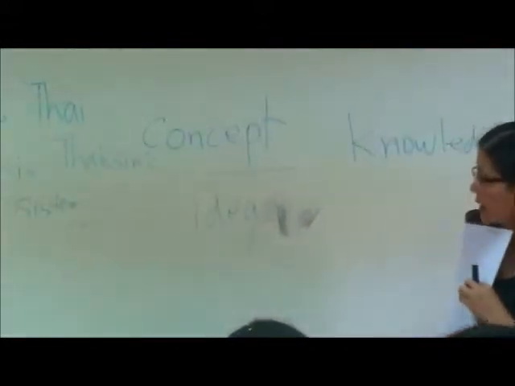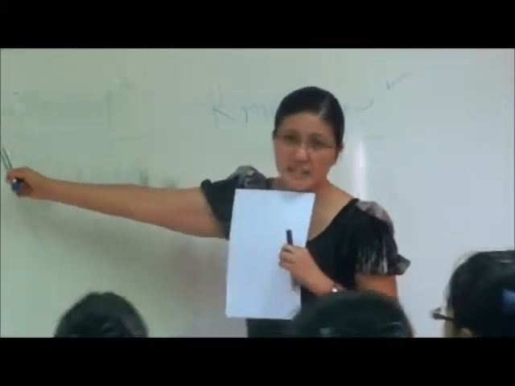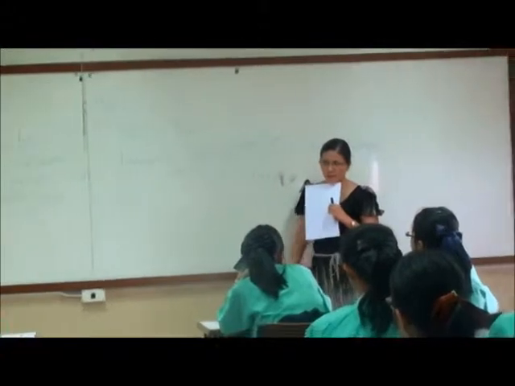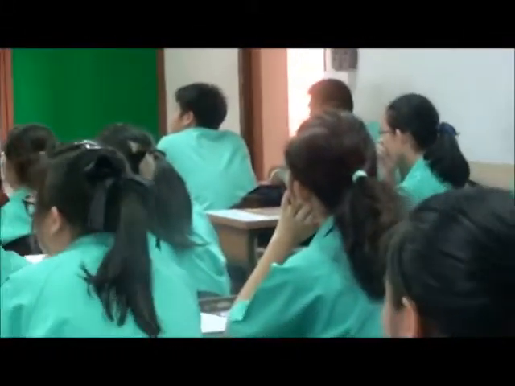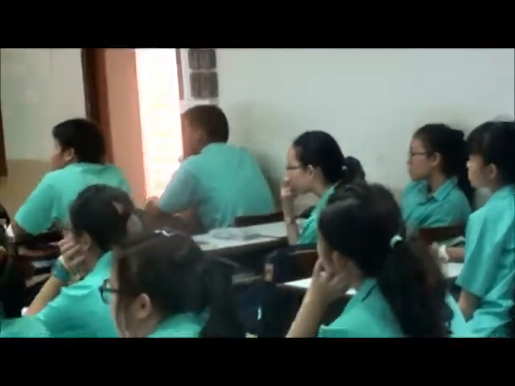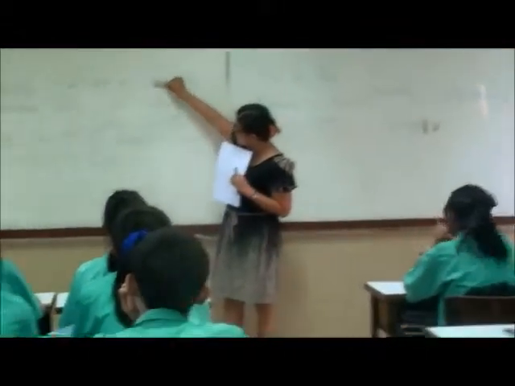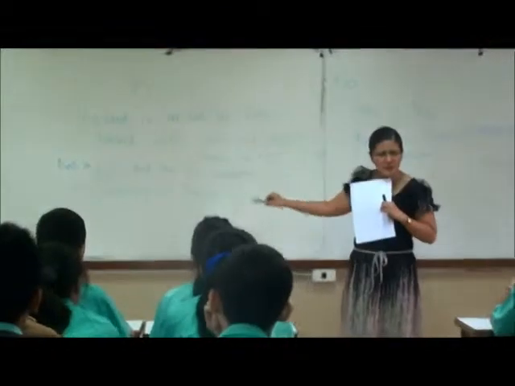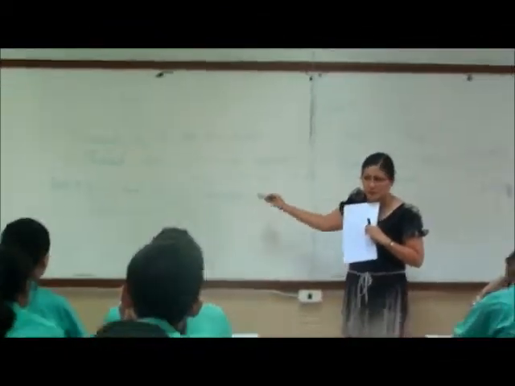Yingluck is Thaksin's sister. So, this is a no. This is a no. Can you now think what the idea or what the concept I am thinking? These three sentences, 1, 2, 3, do they have something in common? Any attributes or characteristics that they have in common?